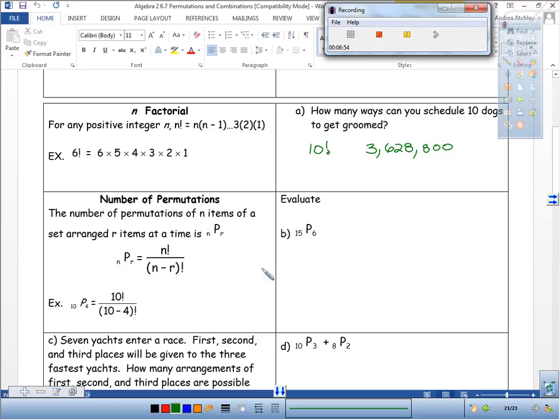Now permutations are a way of finding a number when we care about what order we're chosen in.